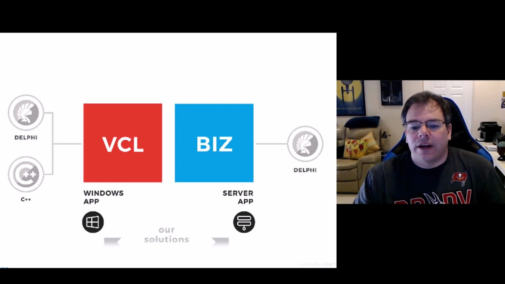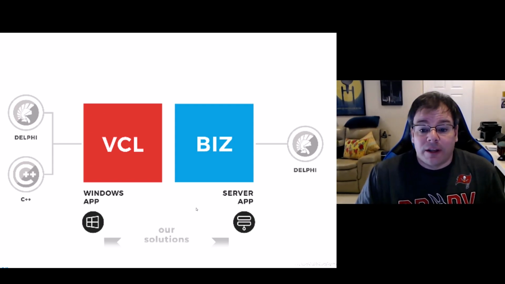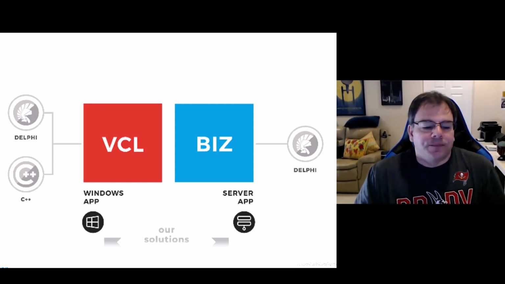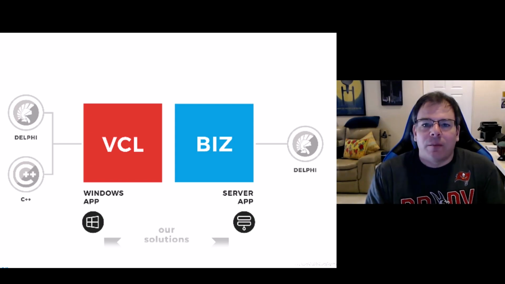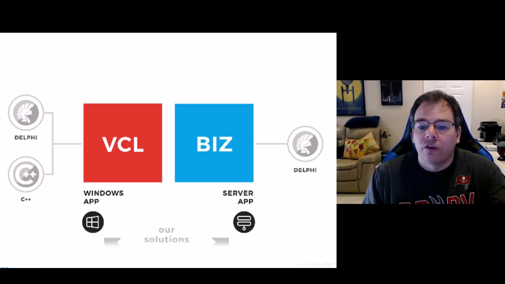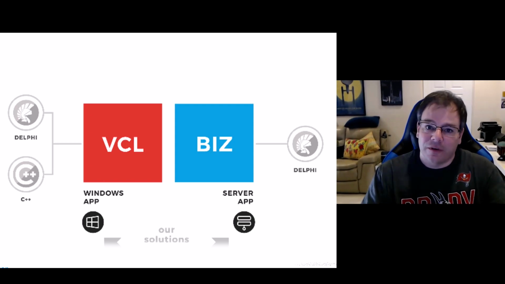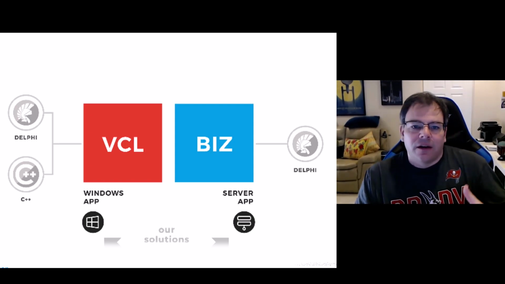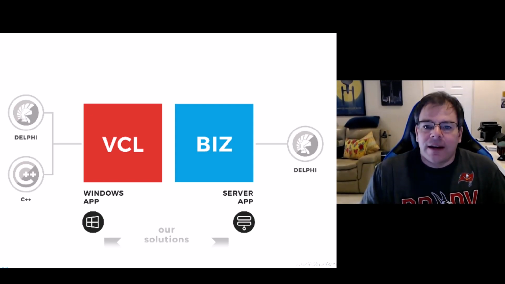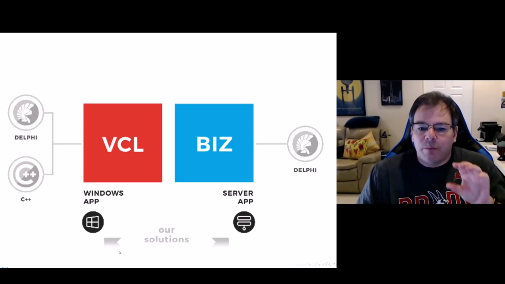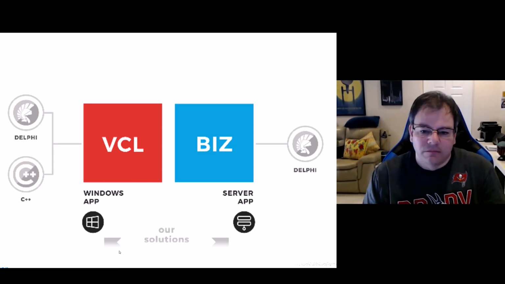If you, on the other hand, want to develop a server application, which could be a web service, for example, or a web server without services, just the web server delivering web pages, then the business product line, the business tab, what color is it?